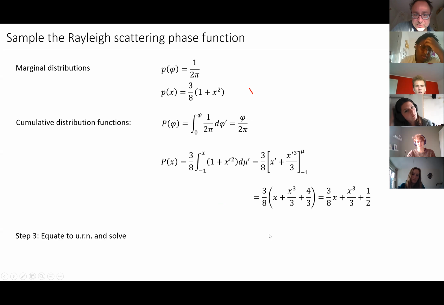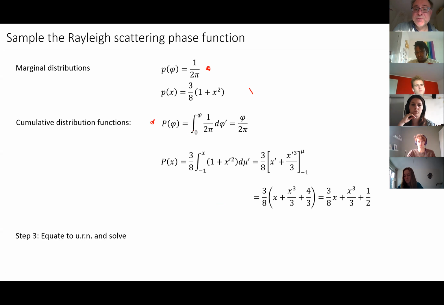So for the case of phi, the PDF was 1 over 2 pi here. To calculate the cumulative distribution function, that is then this line. It's a little bit of a messy slide, I'm sorry for that.